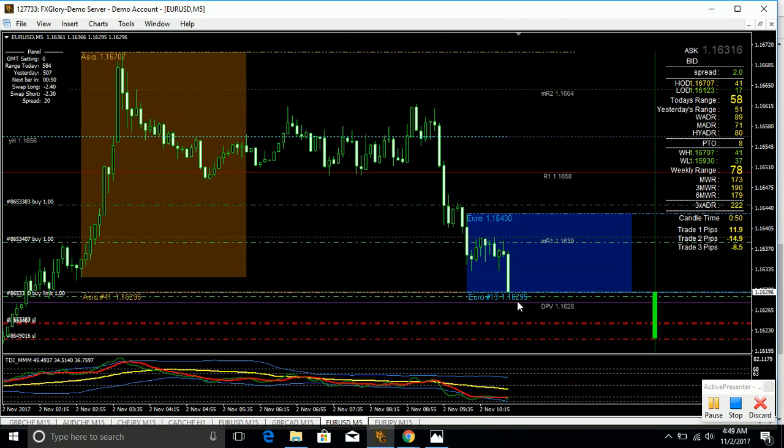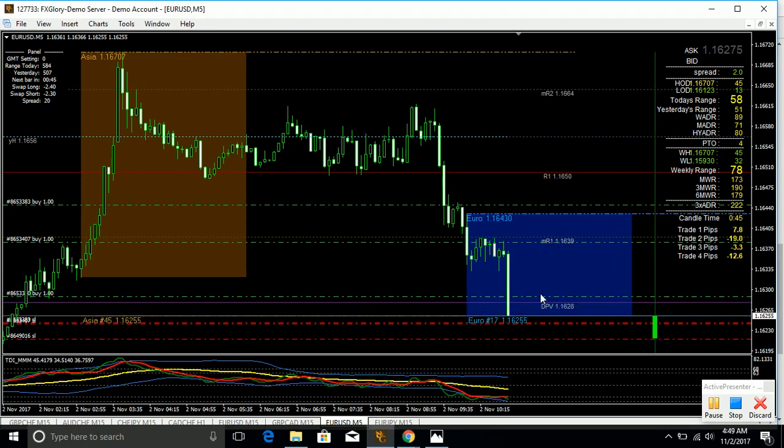Okay, now you see, now we're hitting that daily pivot. Remember I said if we break this MR1, we shouldn't go beyond this daily pivot.